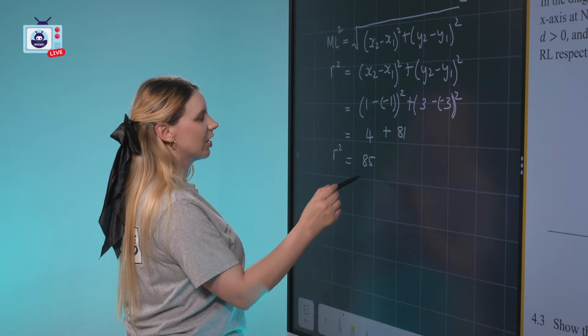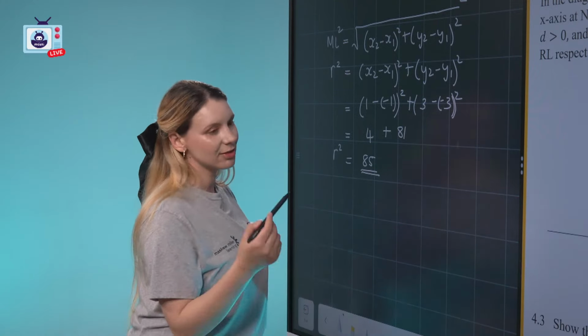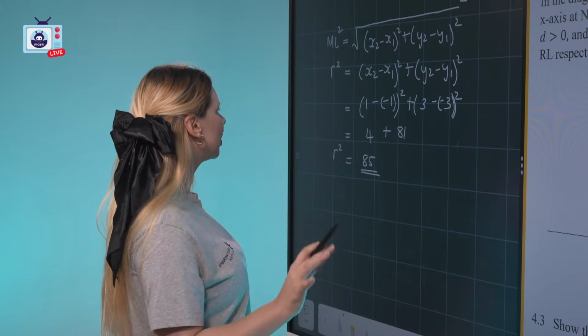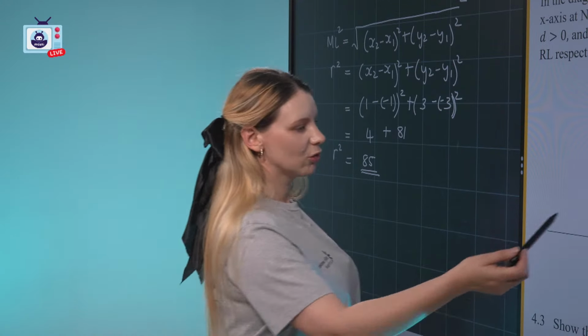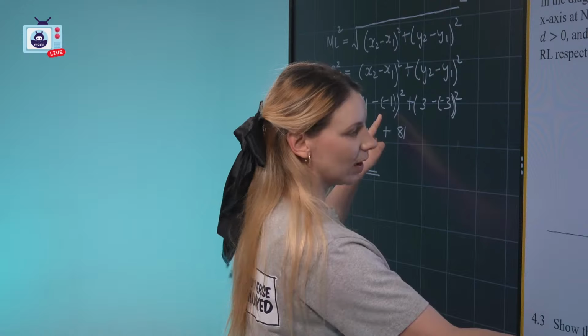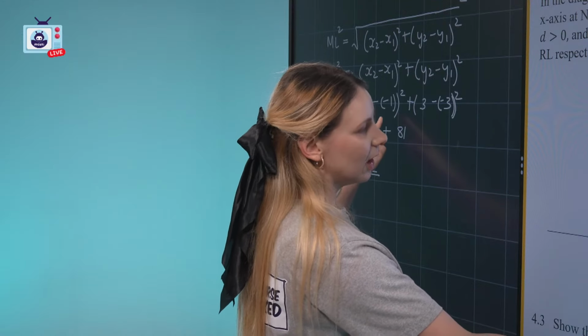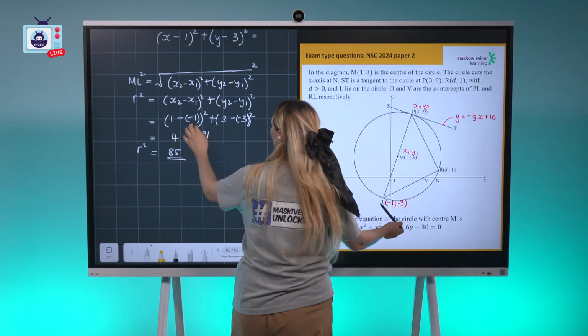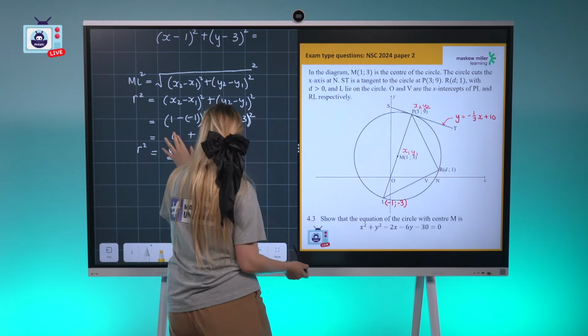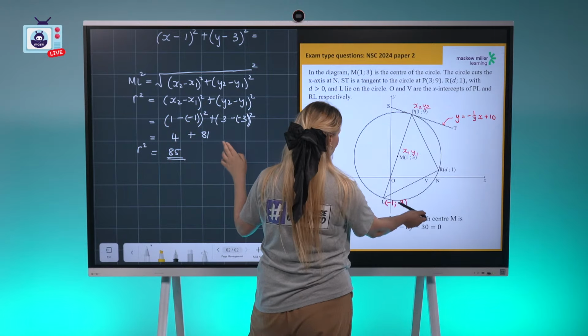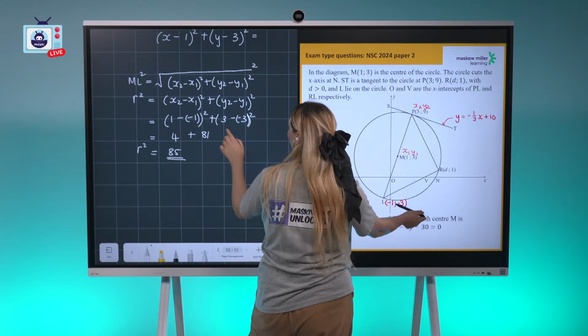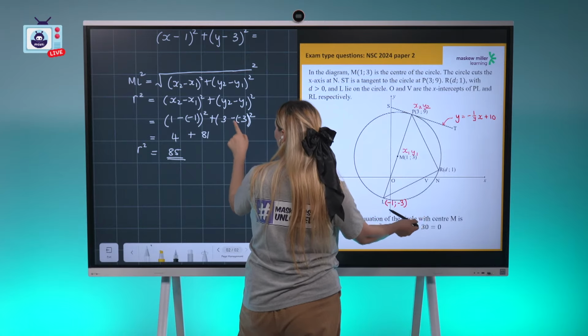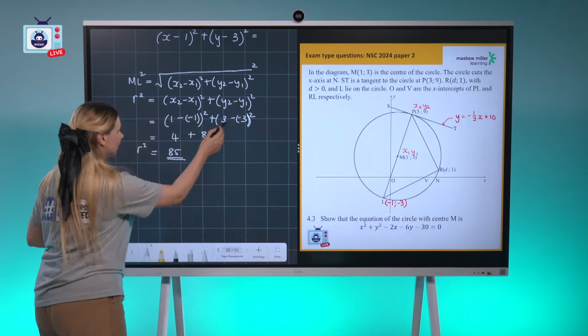All right, so my r squared is equal to 85. That is my radius squared, and we're going to sub it into my formula. I just want to double check. So it's 1 minus negative 1. We're using L. That gives me 1 plus 1. Yes, so that is your 2. 2 squared is 4. And then 3 minus negative 3. That will give me a 6. Sorry. So 3 minus negative 3.